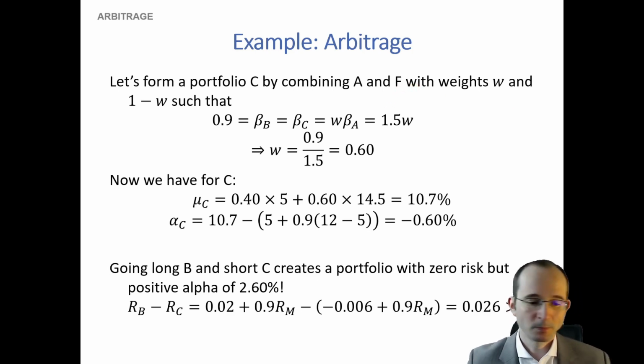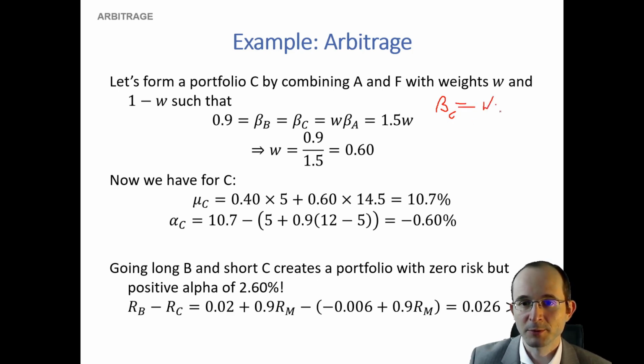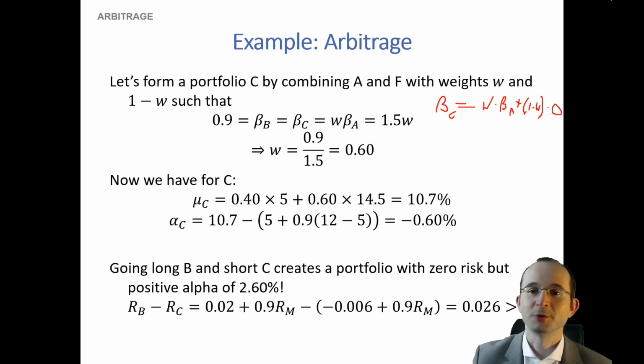Well, the beta of C is essentially going to be W times the beta of A plus 1 minus W times 0, because the beta of the risk-free asset, of course, is 0.